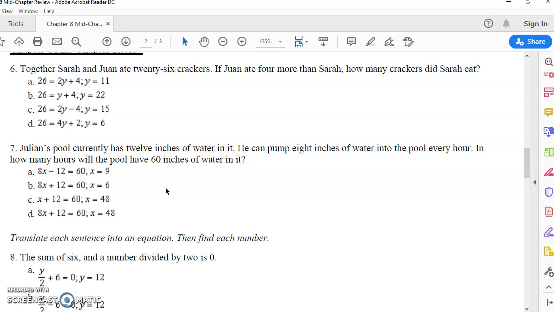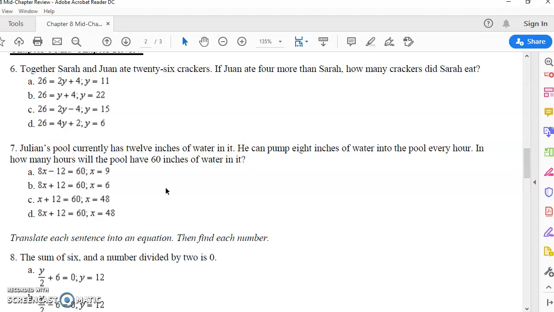So 60 inches is our answer to the equation, but we need to know how many hours it's going to take. So we're going to use x for a variable, and we know that 12 inches is already in there, but we know that if we pump 8 inches, how many hours is that going to take?